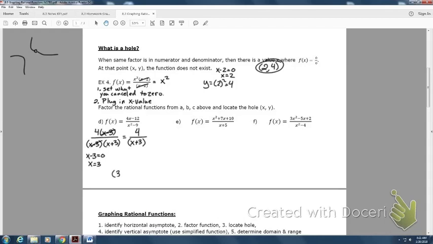What do I need to do with that x value to find the y value of my hole? Plug it in. So I'm going to plug it into what I have left, which is just 4 over x plus 3. So 4 over 3 plus 3, which is 4 over 6, which I can reduce to 2/3. Don't freak out if you get a fraction on these. I would probably say you're going to get more fractions than whole numbers for that y value.